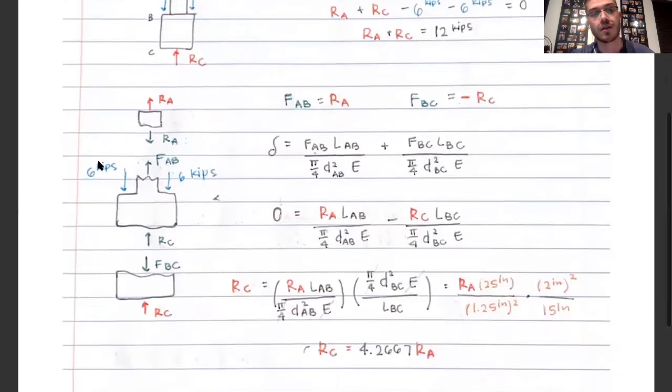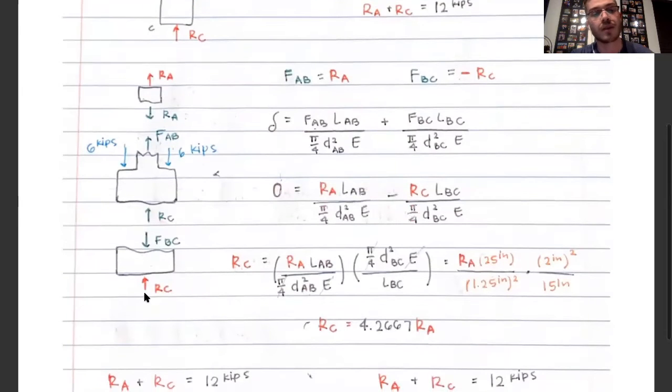Continuing downwards, we see that we have the two applied 6-kip loads, which we can find in this equilibrium equation right here on the top: the reaction force A plus the reaction force C minus 6 kips minus 6 kips equals 0. And proceeding down to right here, the reaction force of C points upwards, but the force of BC is pointing downwards, and the resulting reaction force C is pointing upwards.